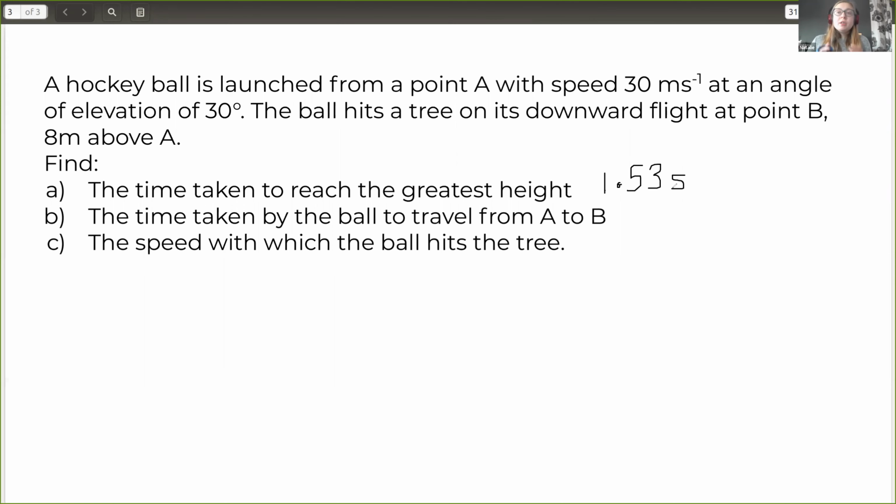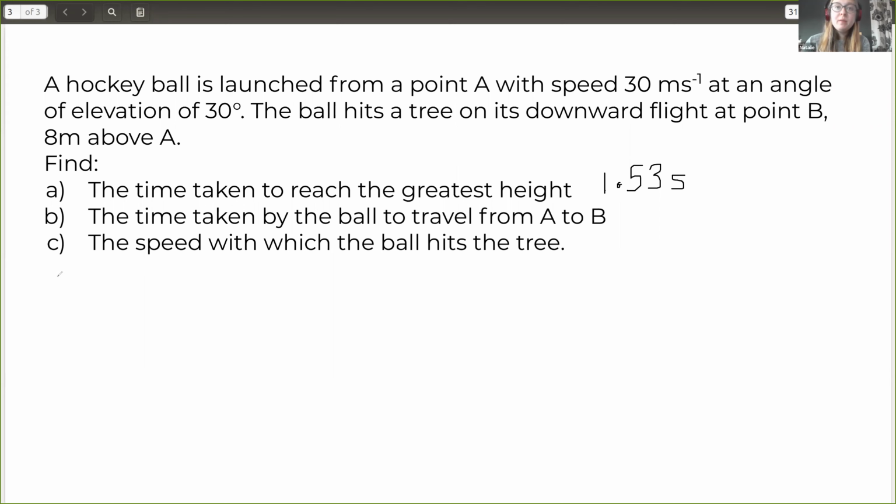I now want to know the time taken by the ball to travel from A to B. Well, I've already got the time it's taken to reach the greatest height. So what I really need to work out for this question is the time it takes to get from the greatest height to B, to 8 meters above A. So to do that, what I can do is work out the greatest height.